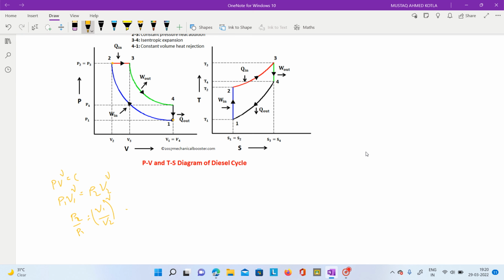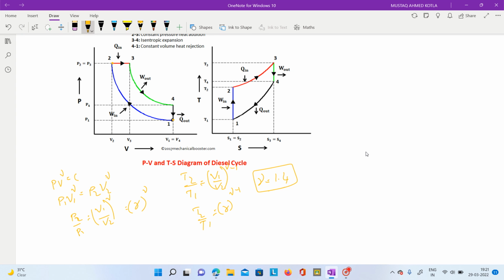Yes, it is r whole power gamma, r^gamma. Similarly, T2 by T1 equals (V1 by V2) whole power gamma minus 1, which equals r^(gamma minus 1), where gamma equals 1.4. If they haven't provided it in the question, take this value.